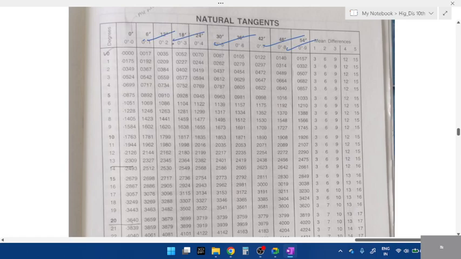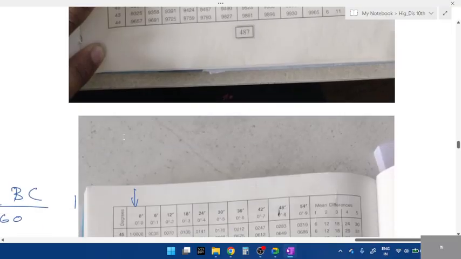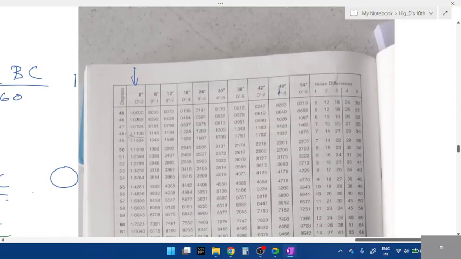So tan 52, students, look at the first one. Where is tan 52? It's on the second page. What's the value? 1 point? No, no, no. Oh, correct. 1.2799.